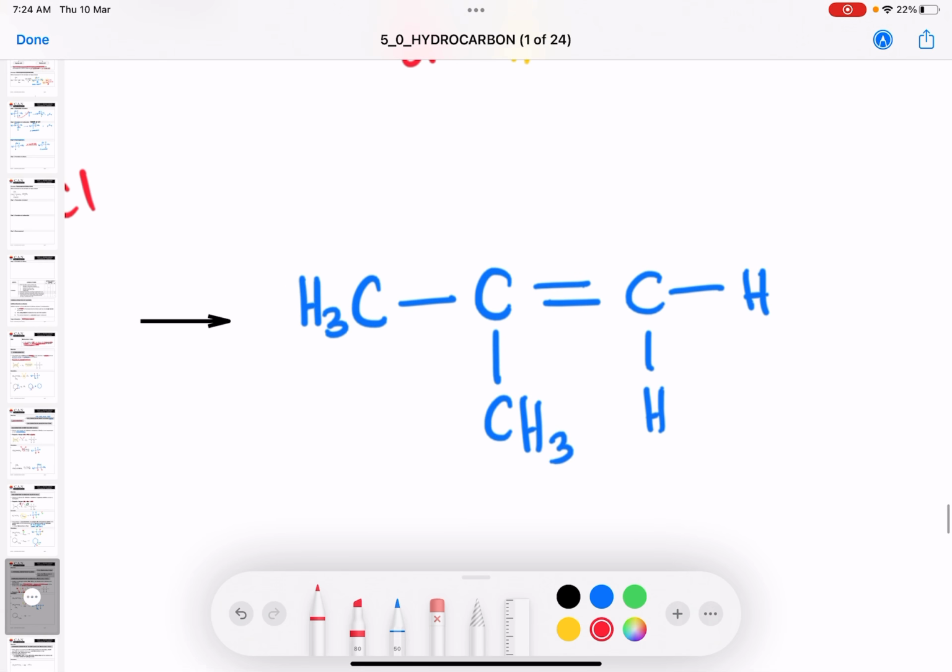So where do they go? Alright, so hydrogen will be added here and Cl will be added here. And don't forget, it will become a single bond.